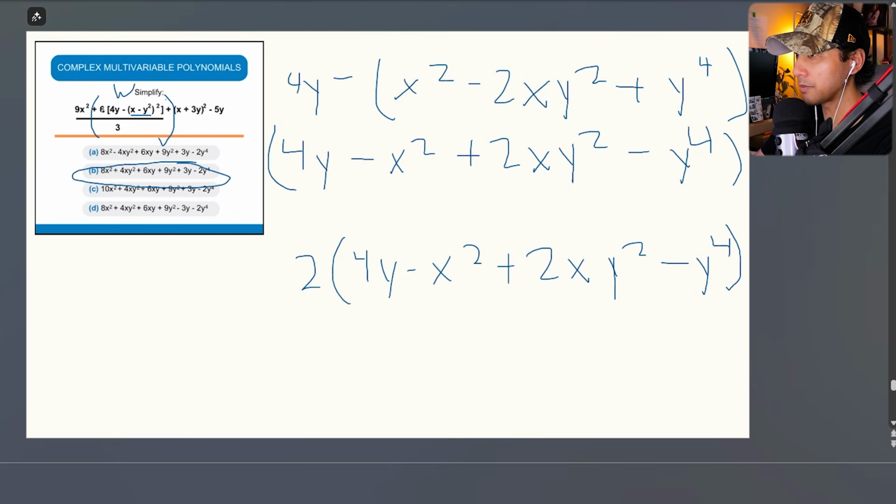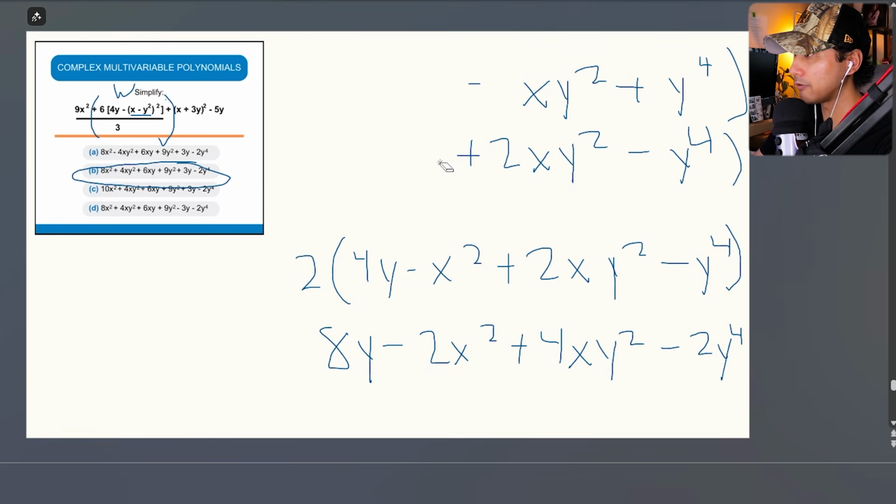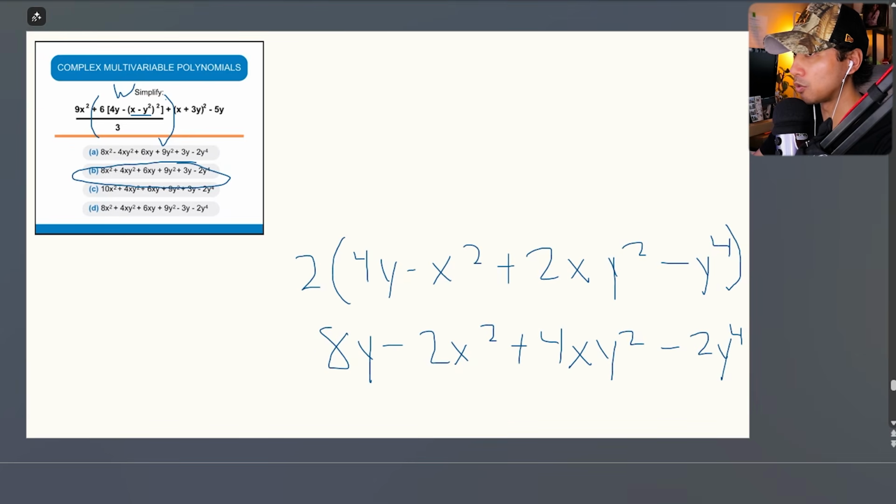That 2 came from 6 divided by 3. So then just multiply the 2 by each term. We have 8y minus 2x squared plus 4xy squared minus 2y to the fourth. So now we completed all this. So again, this is actually easier if they formatted it correctly, but they formatted it wrong.